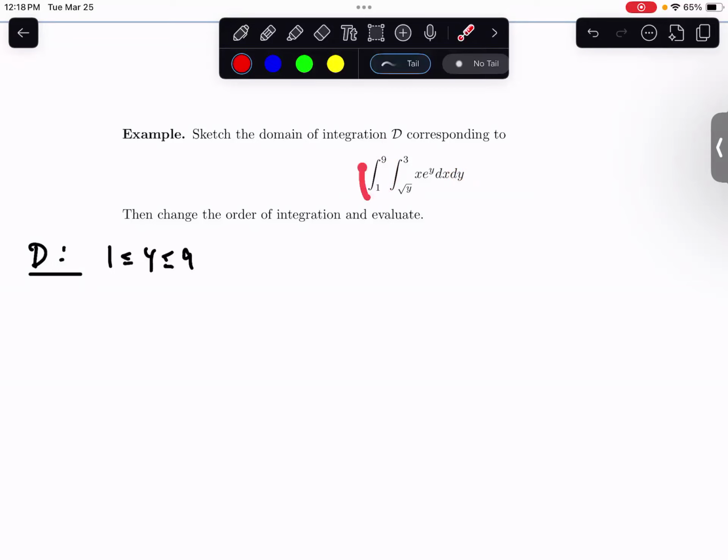That's what this integral tells us. Again, the second integral, the outermost integral, corresponds to the outermost variable here. And then we're also told that x is bounded between the square root of y and 3. So we have the square root of y is less than or equal to x is less than or equal to 3. And so let's think in terms of what's going on with x here.